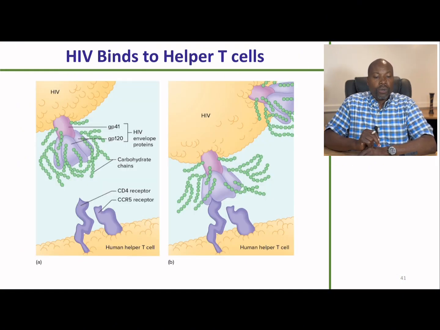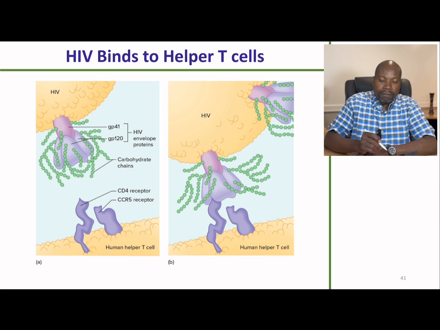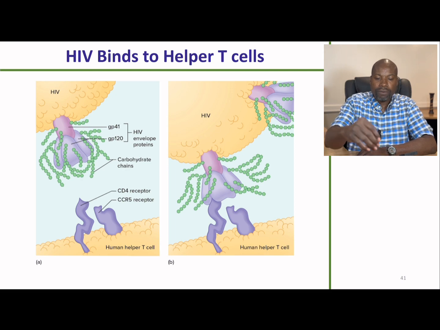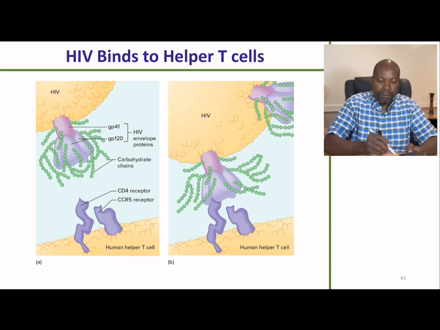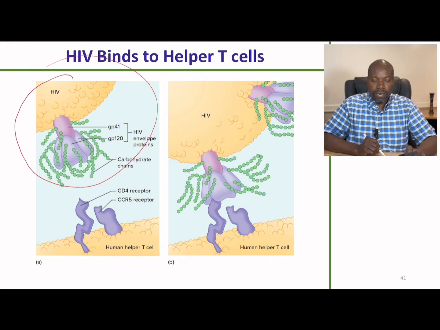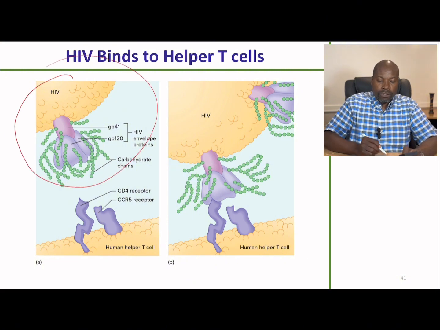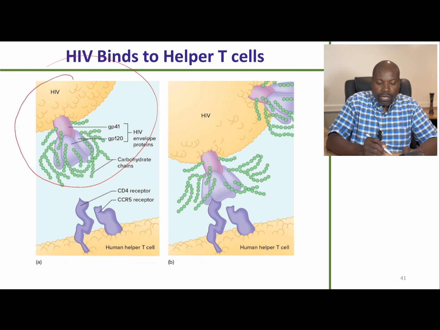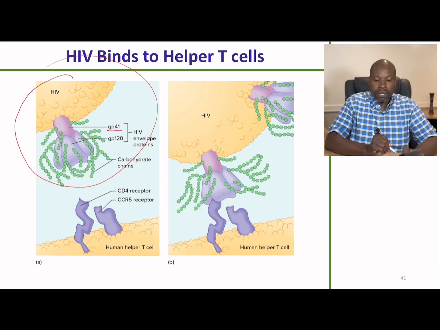All right, so here we have HIV. So here we do have an HIV virus with some surface markers, including a protein called GP41 and another protein called GP120.